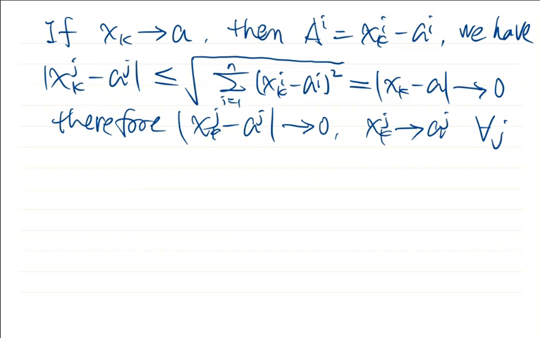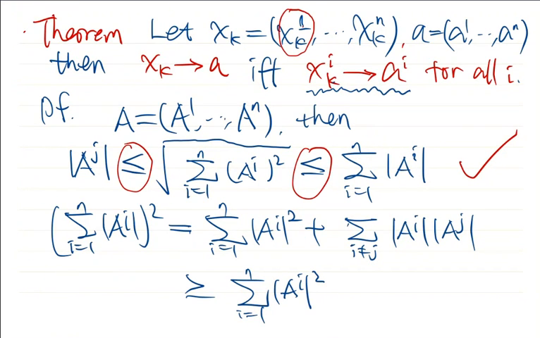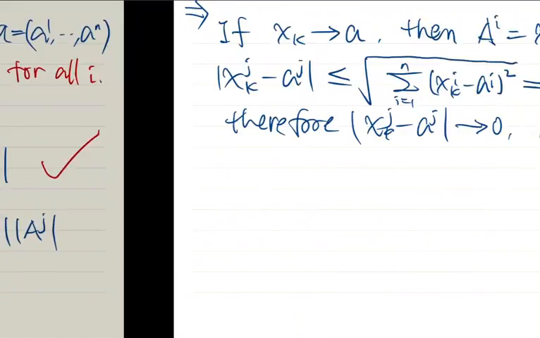Okay, so this proves that if the sequence xk converges to a, then it converges to a component wise, because for every j, the corresponding component of xk converges to the component of a. So this is part of the theorem. This theorem is if and only if. Okay, we have proved only if part.